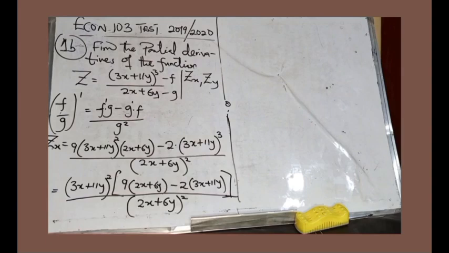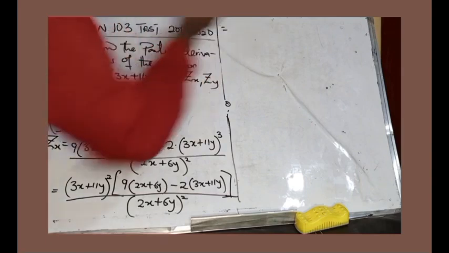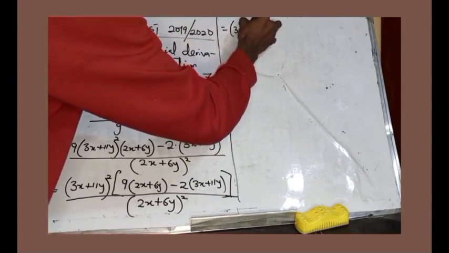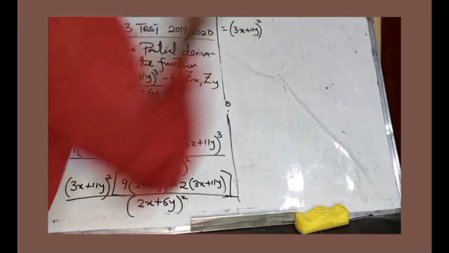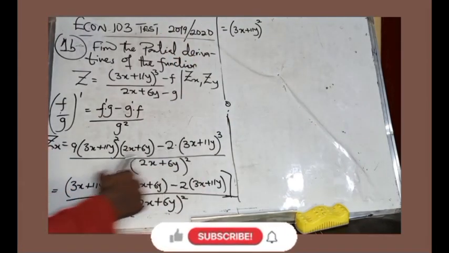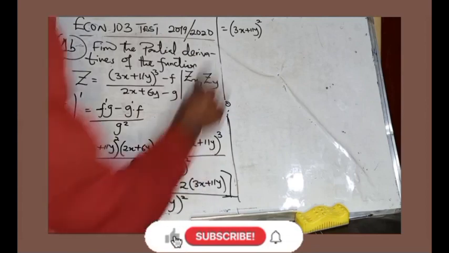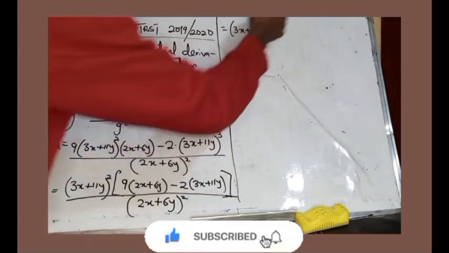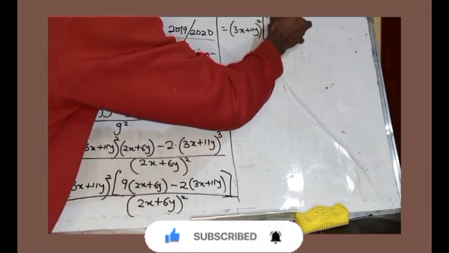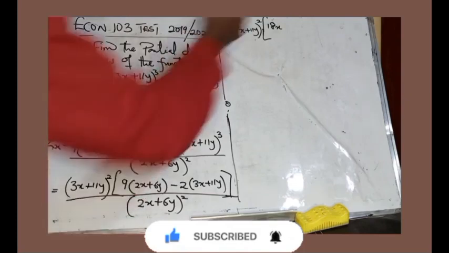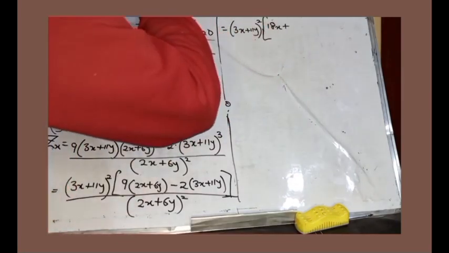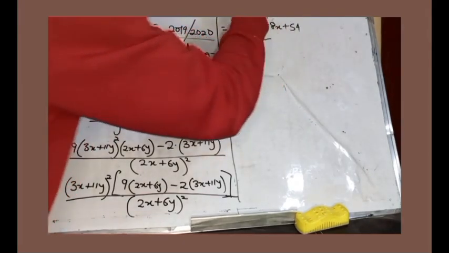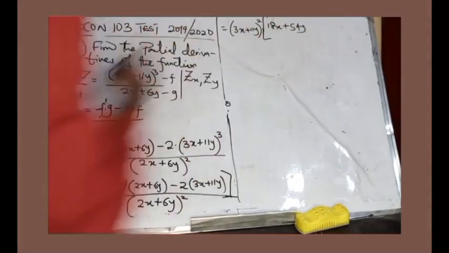So guys, now let's proceed. From here, I have 3x plus 11y all square. Now let me expand the numerator in this bracket. What do I have here? 9 times 2 is 18, so I have 18x plus 9 times 6, which would give me 54y.